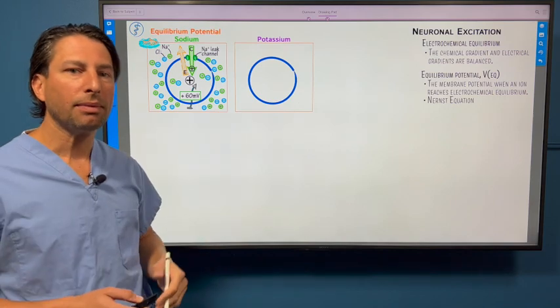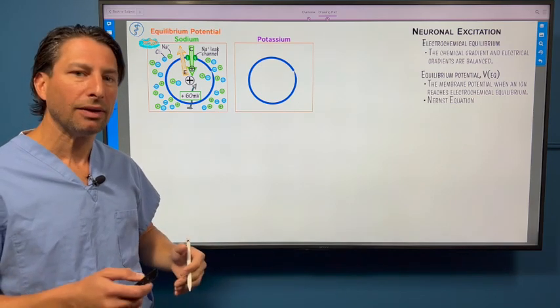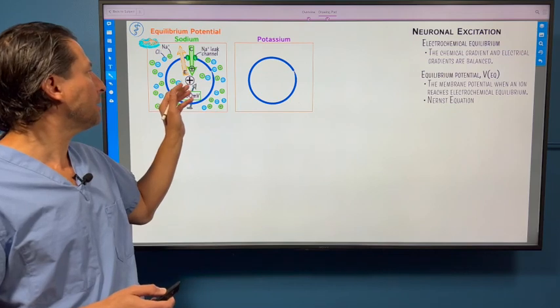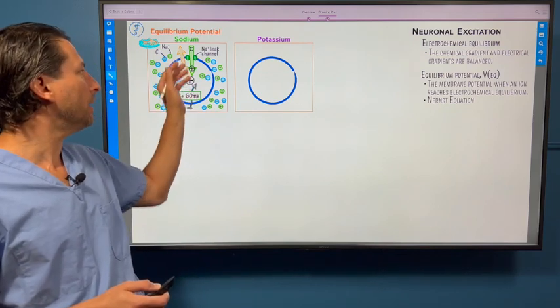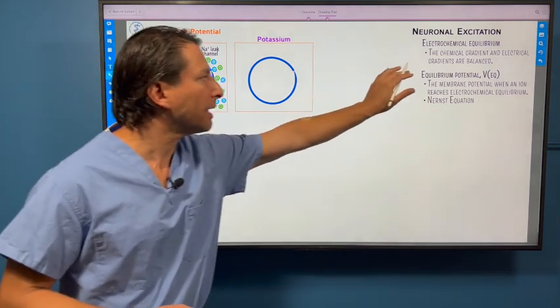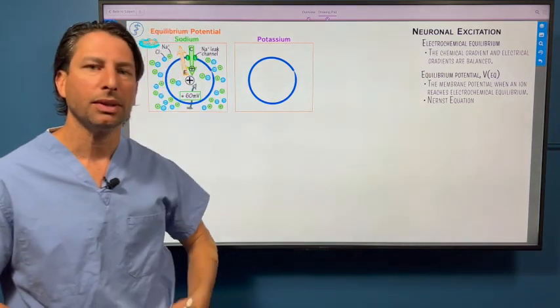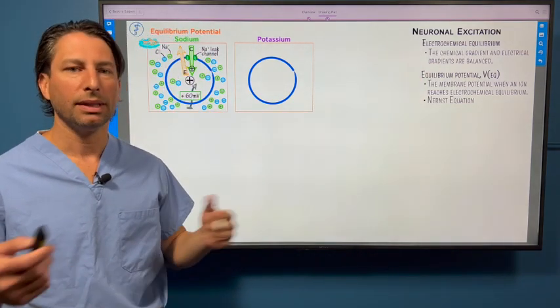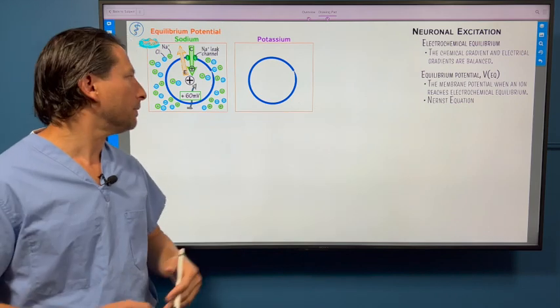Now it's important to remember that like charges repel themselves. That's why it's counterbalanced by this electrostatic gradient going the other way. So there's this electrochemical equilibrium because there's two components to it. One is chemical and one is electrical.